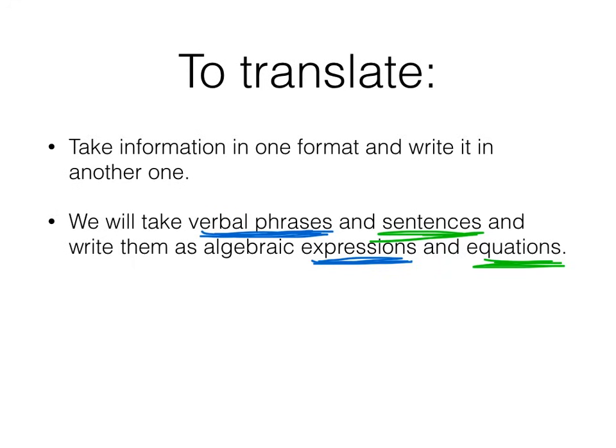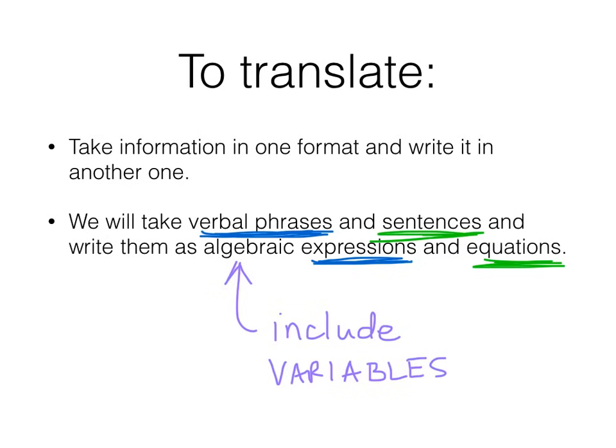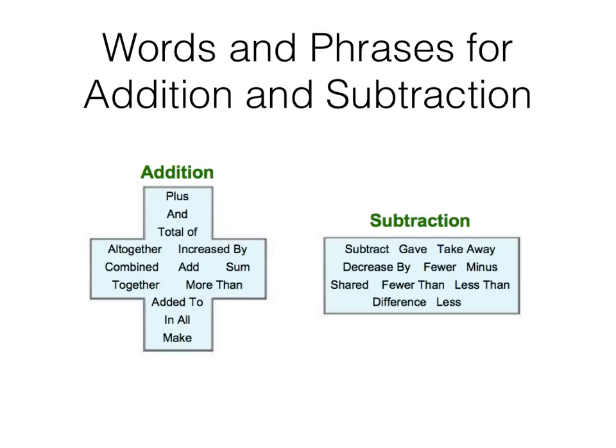If it's a phrase, it's going to be an expression. And then one more thing here. What makes them algebraic is that they include what important detail? Variables. So you're going to see words that mean an unknown value, and you're going to have to remember that that's translated into variables.